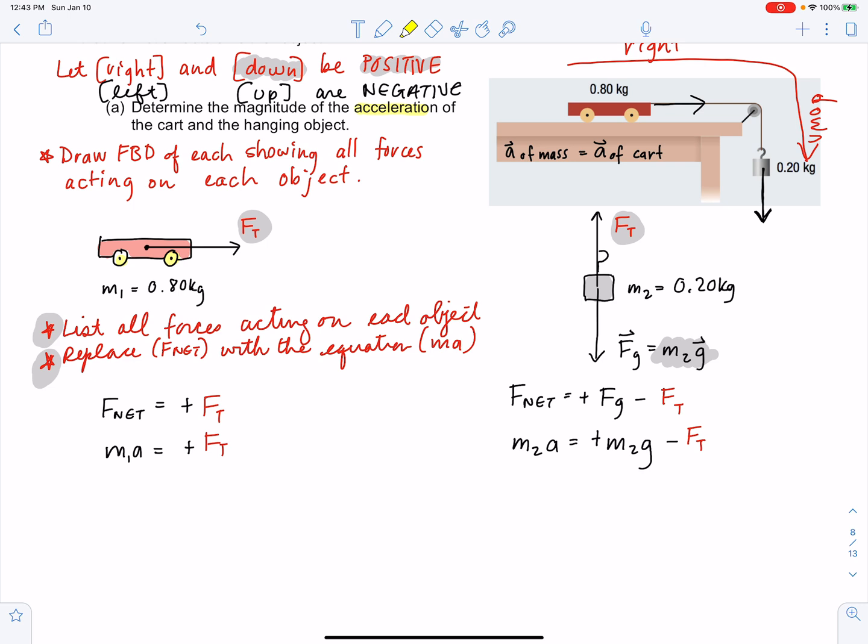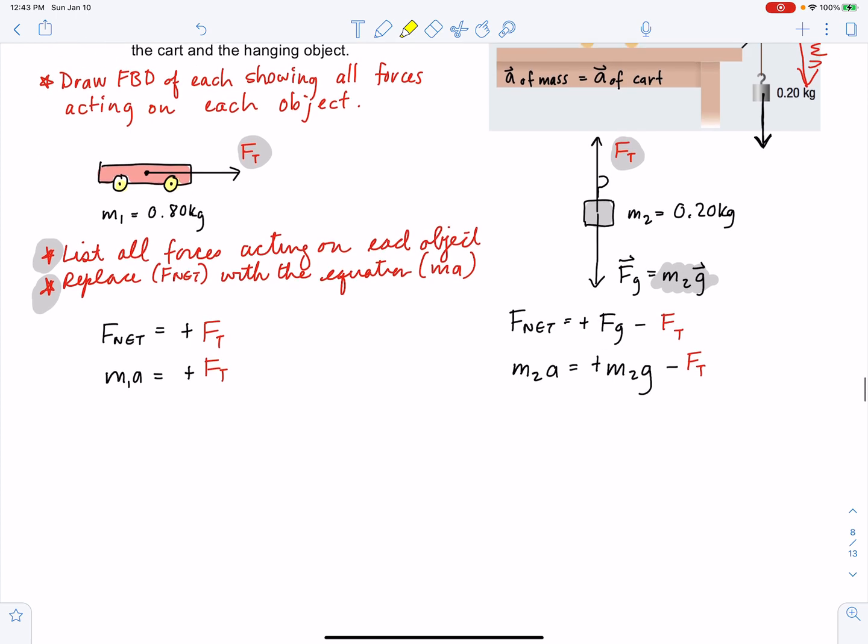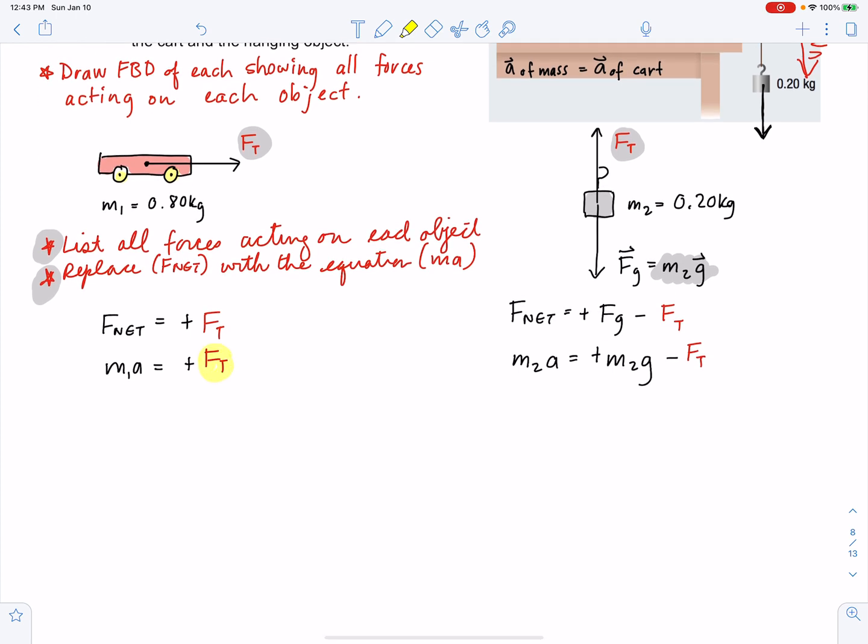And you can use one of 2 methods that they use in math to solve for an equation with 2 unknowns: the substitution method or the elimination method. So we're going to solve this. Since we know that the force of tension in this question is equal to the force of tension in this question, what we're going to do is rearrange each equation for the force of tension.